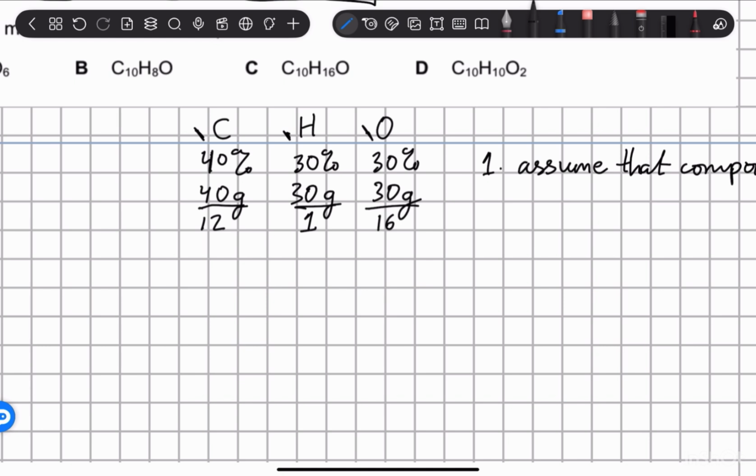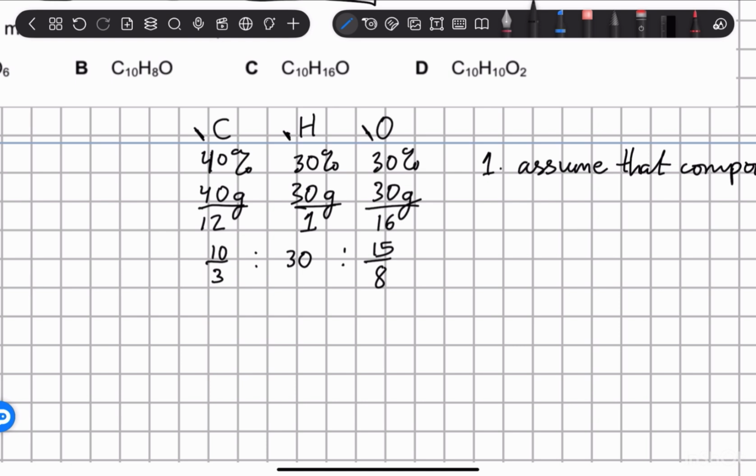When we do this, for carbon, what I get is 10/3. Hydrogen would be 30, and then oxygen would be 30/16, that's 15/8. What we do now is, you can do two things. You can simplify this ratio as much as possible.